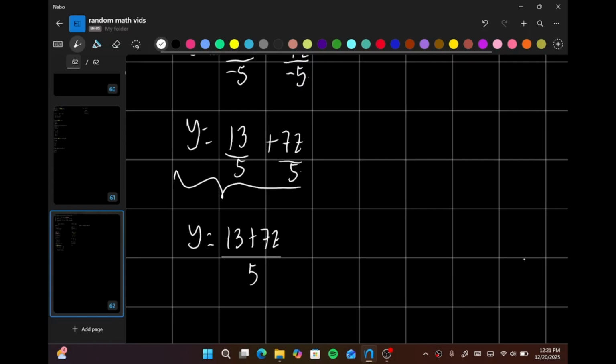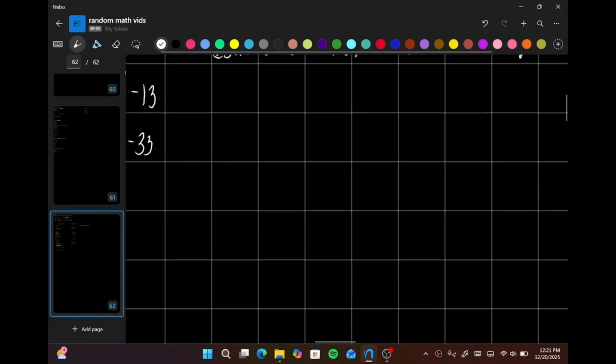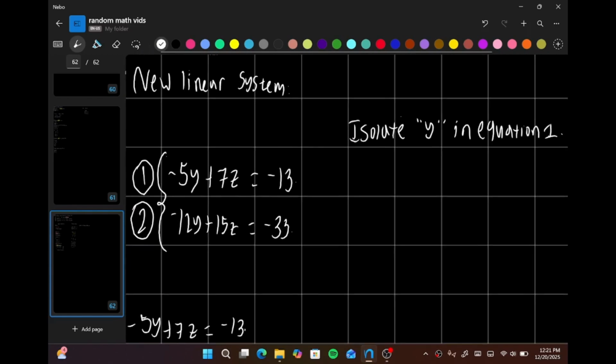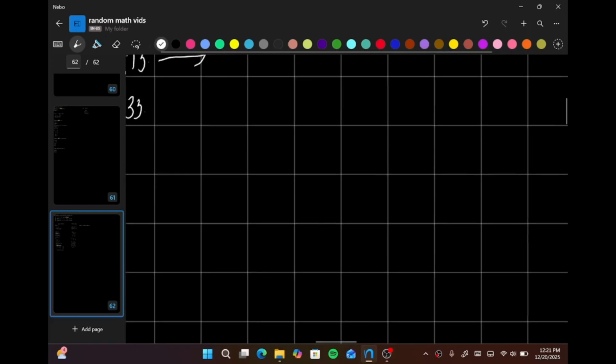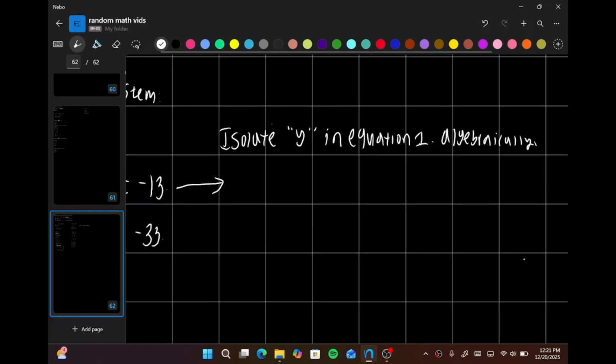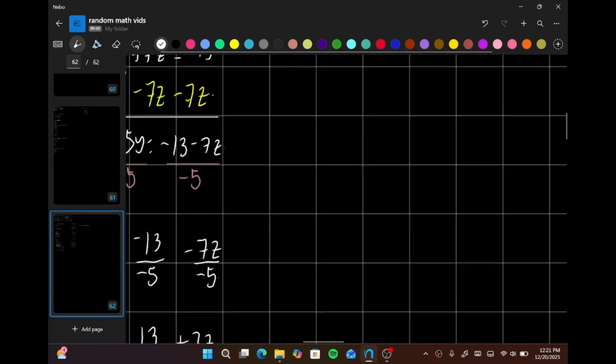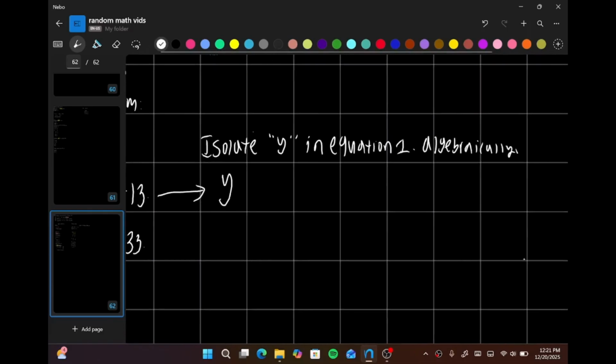So this is what we would have for new equation 1, right? In this case, this is what we would have here. So we're going to have 13 plus 7z all over 5 for y. So y equals 13 plus 7z all over 5.